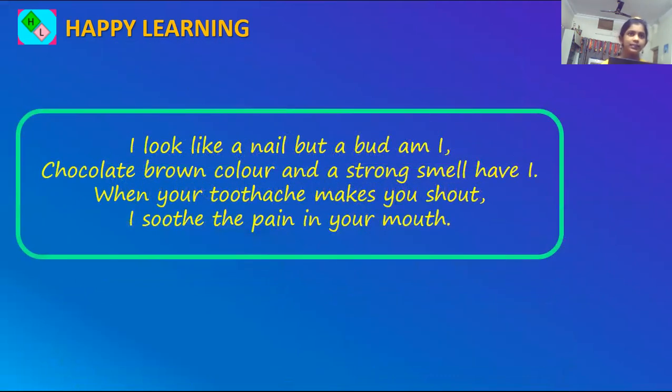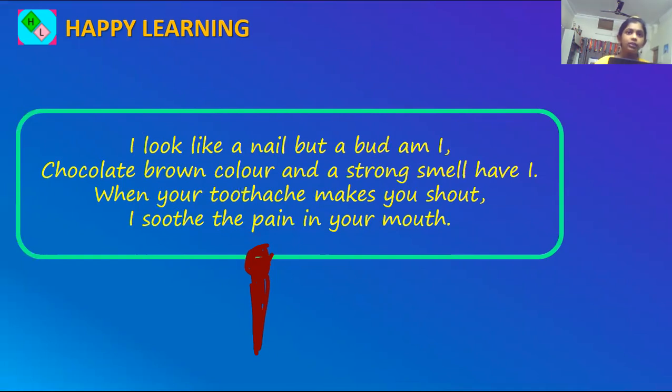So this is what the statement is. First, it looks like a nail, but a bird it is. It has a chocolate brown color and a strong smell.